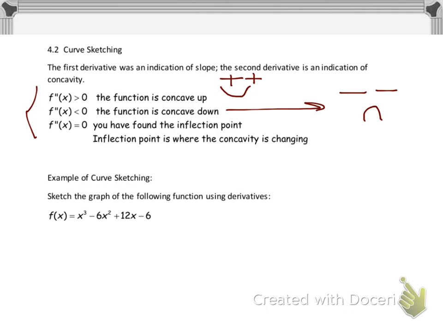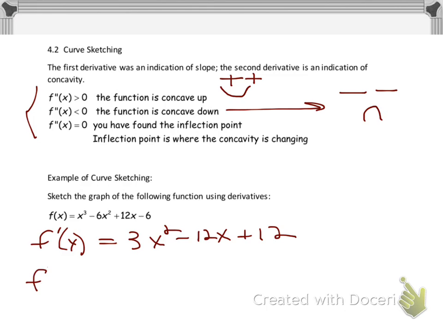So here is an example of curve sketching we can do with this problem. Ideally, you're not going to use your calculator. In this problem, we're going to have a couple of good insights that we haven't yet come up against. Take your first derivative. My first derivative ends up being 3x squared minus 12x plus 12.